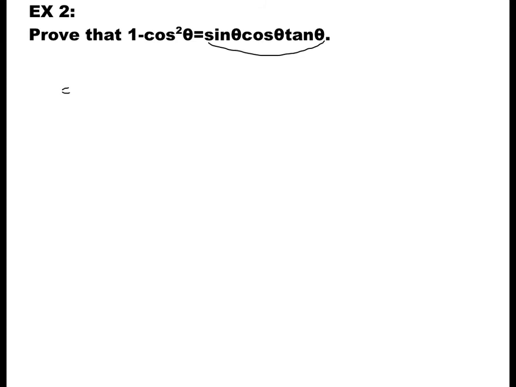I'm going to write this as sine theta times cos theta times tan theta, and tan theta I'm going to write as sine theta over cos theta. Now, since this and this can be cancelled out, I'm going to end up with sine squared theta.